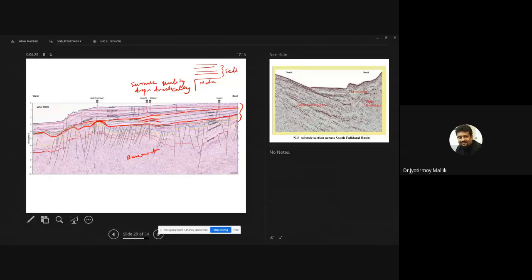So this is my sea floor, right? At the very top, you have my sea floor, and you can identify that this part is perhaps onshore, I mean, above the sea. This is onshore.